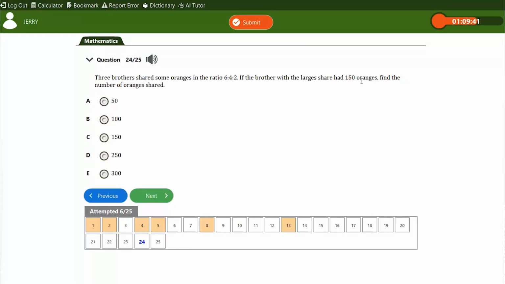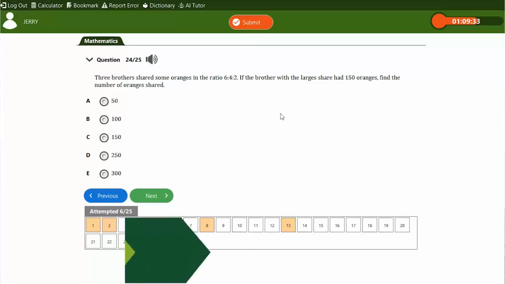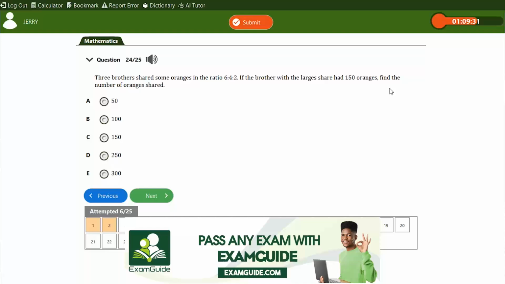So this person, what he received is 150 oranges. Find the number of oranges shared. So you will do this, and it will be a take home for you. Do it, get your answer.